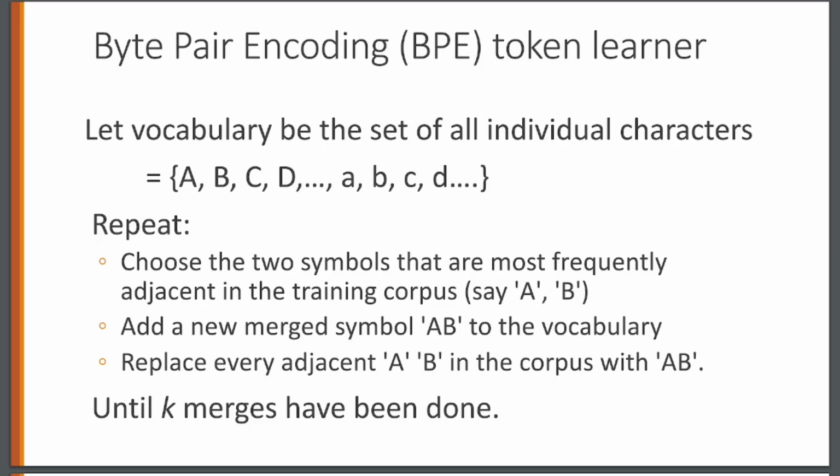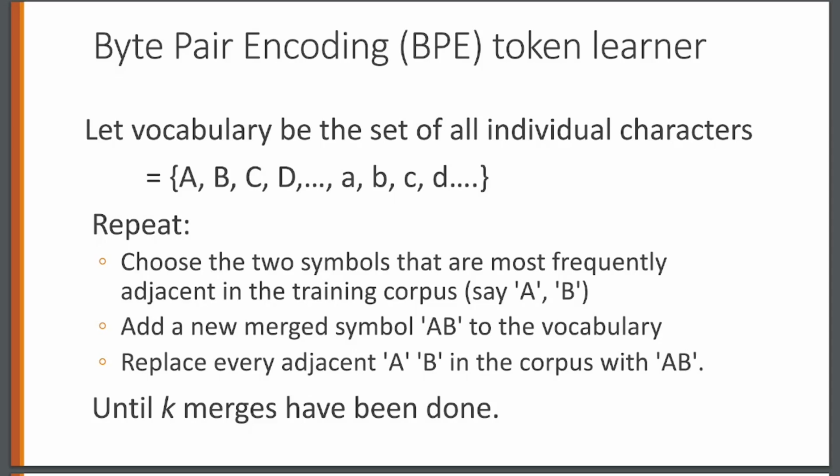We're going to observe a training corpus. We're going to observe symbols which appear most frequently. And notice this is symbols, not characters. We're going to start with characters as our symbols, but our idea is to build up more complex word-level tokens. So iteratively, we're going to choose the two symbols that appear most frequently adjacent to one another in our training corpus.